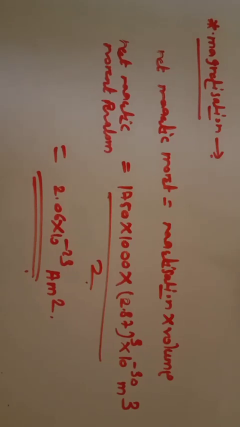The number of atoms in a unit cell you should keep in mind. For simple cubic it is 1, for BCC it is 2, and for FCC it is 4. The volume of the cube is easily found by the cell edge length cube, and the cell edge length is nothing but your lattice parameter.